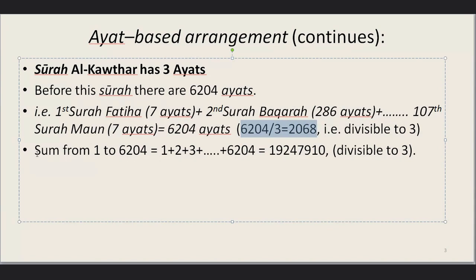Another point is that if we sum 1 up to 6,204, that means 1 plus 2 plus 3 plus 4 plus 5, etc., up to 6,204, we will get this big number, and this number is also divisible by 3. If you calculate this with your calculator, you will see that this big summation is also divisible by 3. Mind it, Surah Al-Kawthar has 3 ayats.